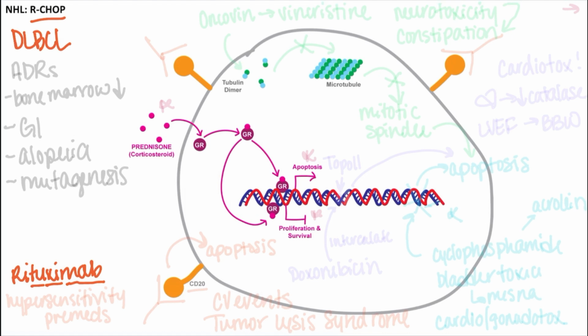So this agent is targeted at the B-cell population, specifically CD20, and CD20 is an antigen found on pre-immature B cells as well as our malignant cell population. When bound by rituximab, this induces apoptosis, clearing these malignant cells from the body.